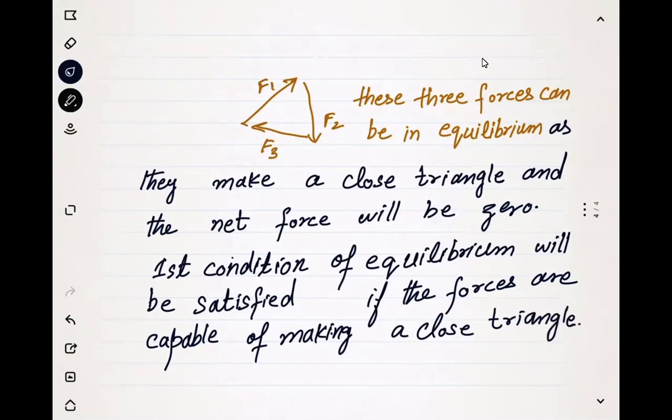So as long as the forces are capable of making a closed triangle, there are chances that the net force would be 0. Now what about the second condition?